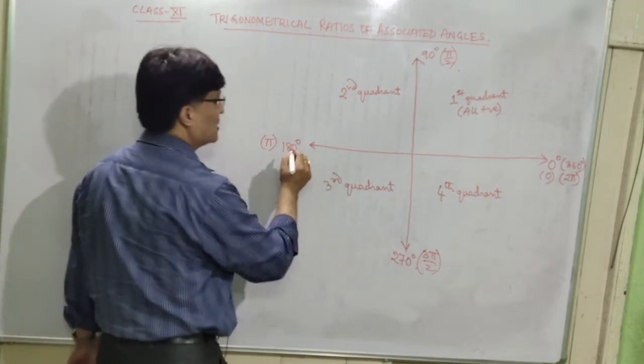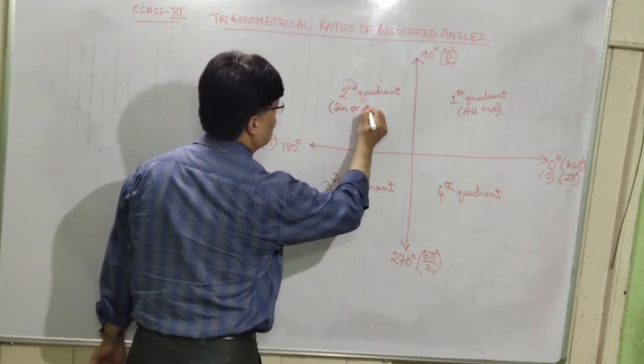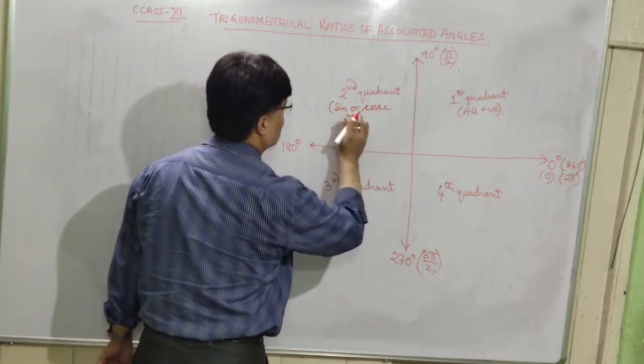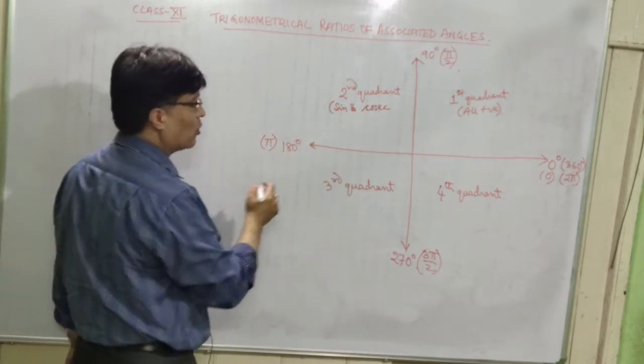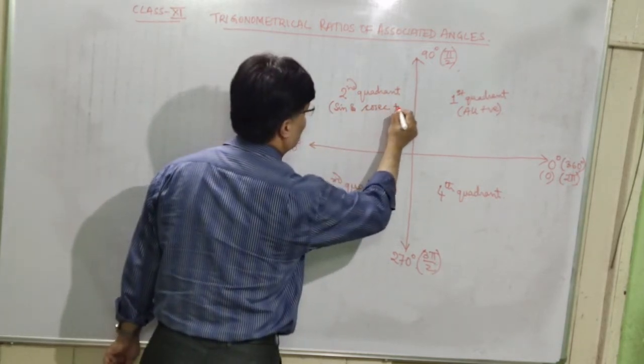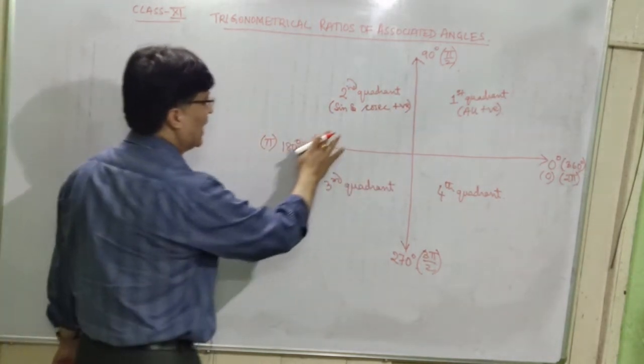And in the second quadrant, sine and its inverse, cosec, are positive.